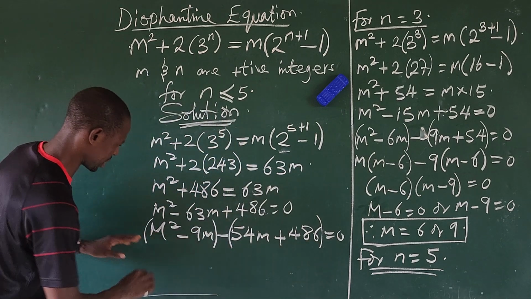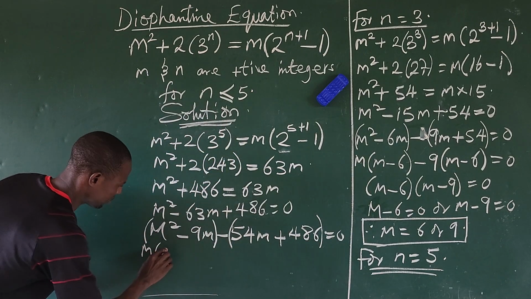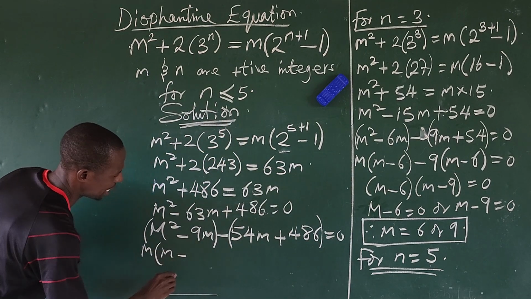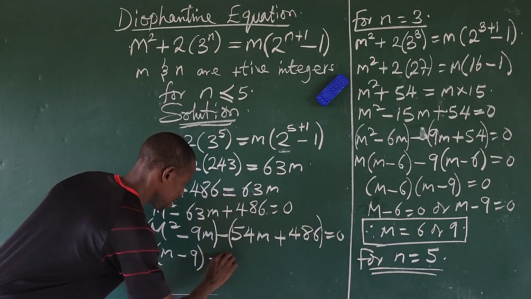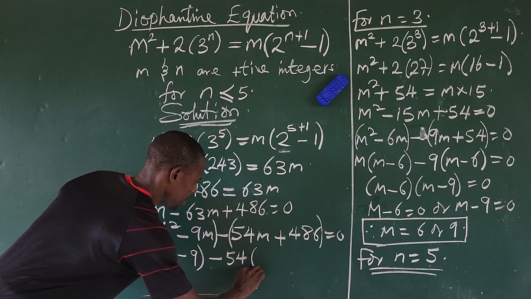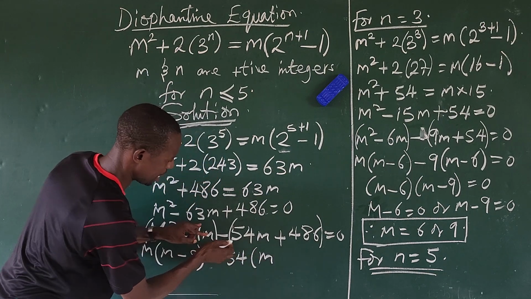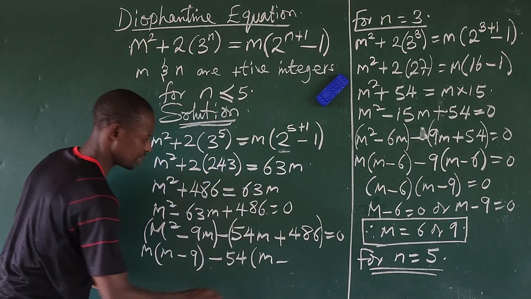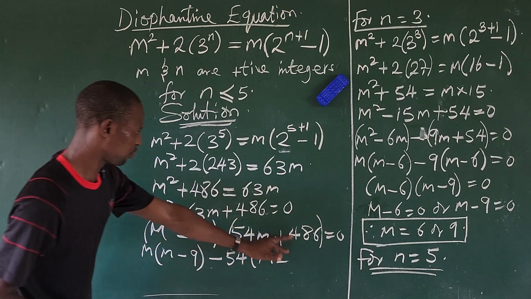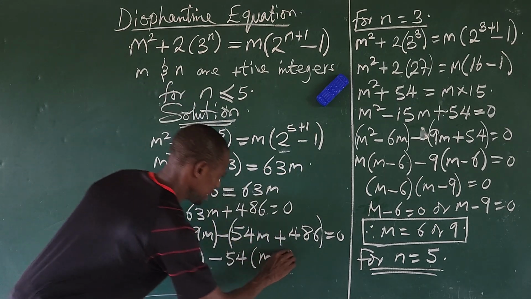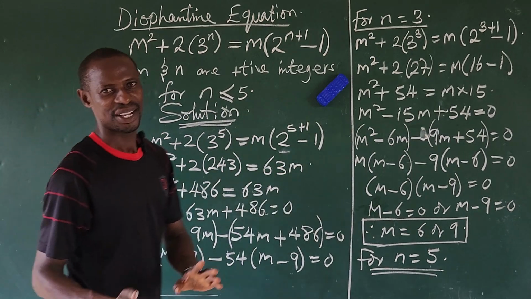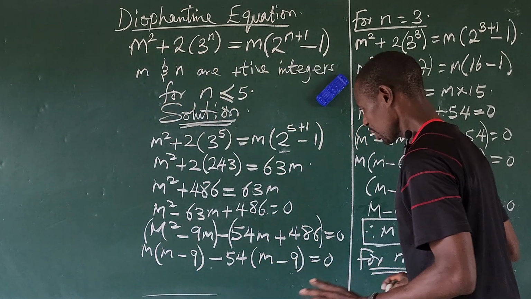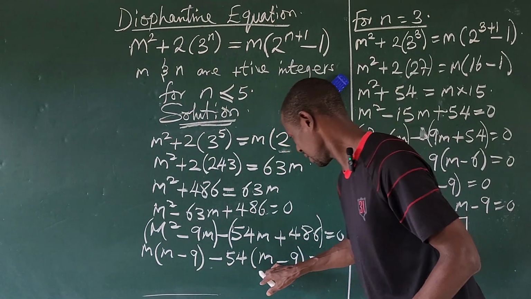So what is common to both sides here? We have m into this. We are left with m. Then minus here we have 9, and here what is coming here is just 54. So we have 54 there. Bracket here we have m again minus and plus we have minus, and 54 into 486 will give us 9. So we have 9 here, close bracket equal to 0. Yeah. So what are we doing next here now? These are the same.